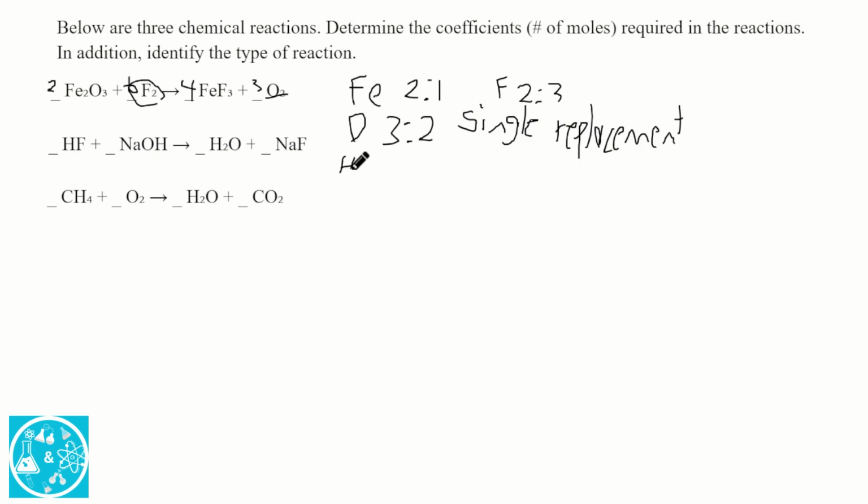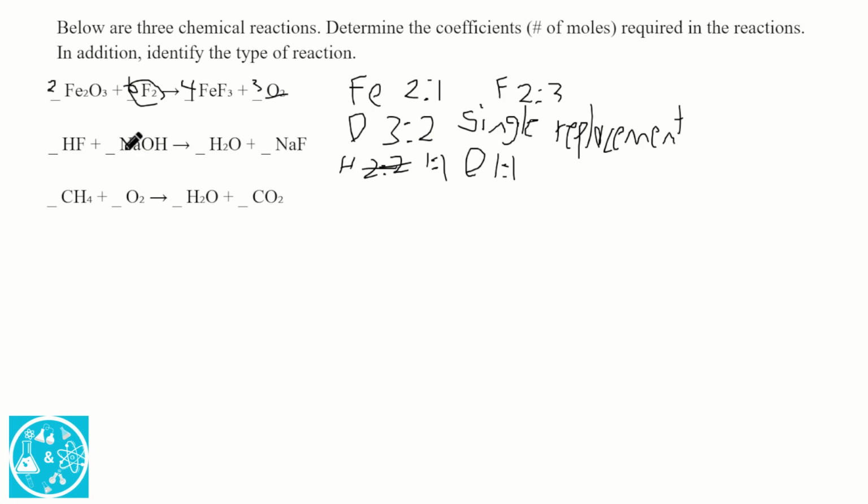So hydrogen, there's 2 hydrogens on this side, and then 2 hydrogens on this side. So it's a 2 to 2. Since they're both the same, we can just simplify that down to 1 to 1. So the ratio is 1 to 1. Now we're going to look at oxygen. We have 1 oxygen on this side and 1 oxygen on this side. So it's also going to be 1 to 1.